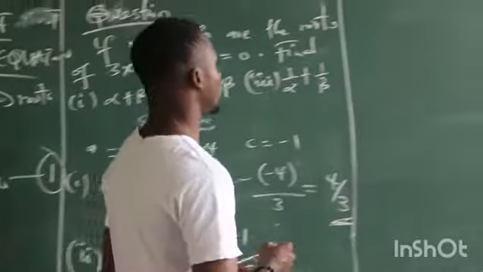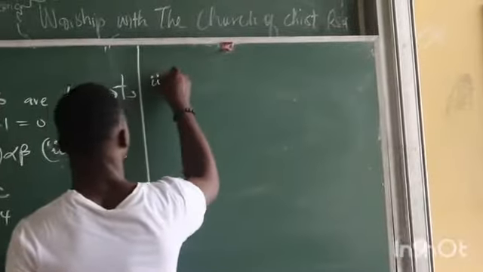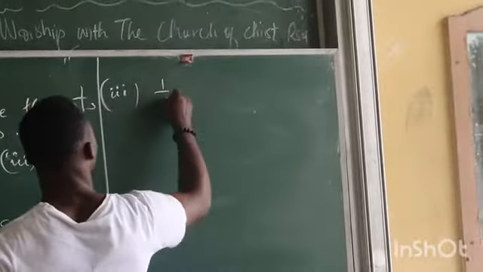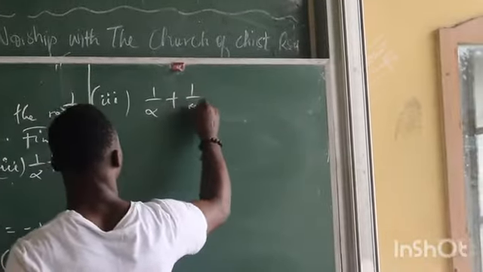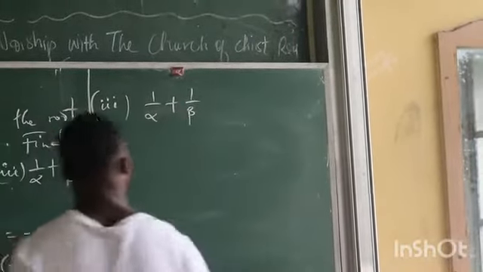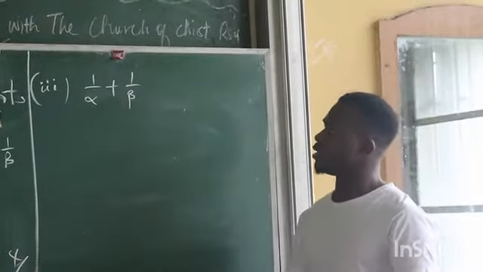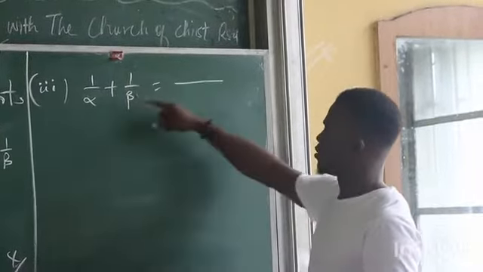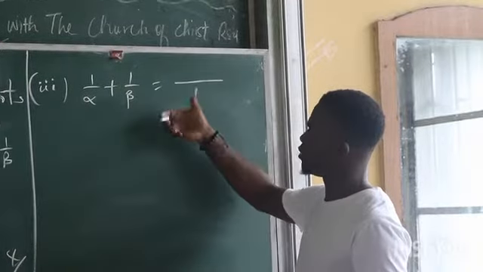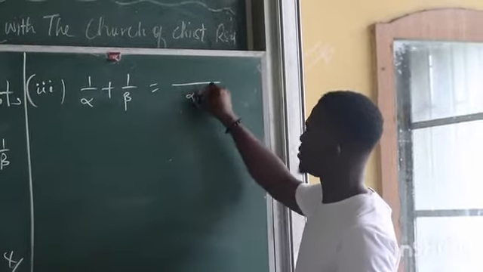Then for the next question here we have 1 over alpha plus 1 over beta. Okay. Now for us to simplify this question, what we are going to do is look for the fraction form of the LCM of it, which is alpha beta.